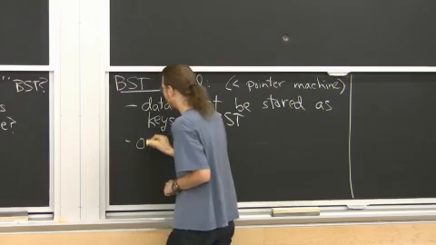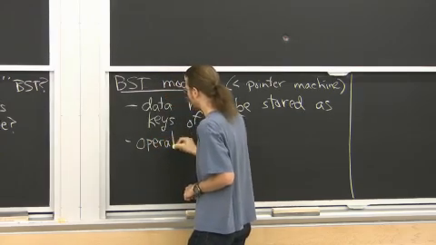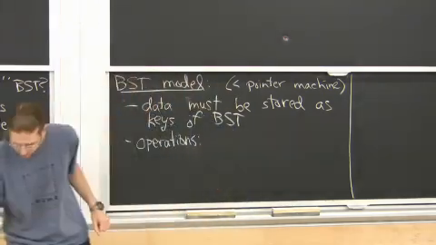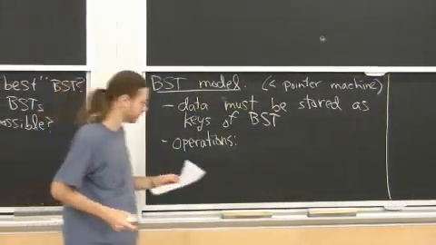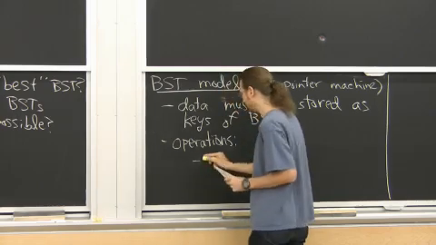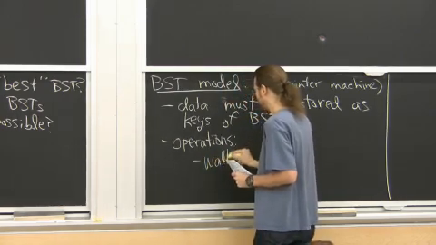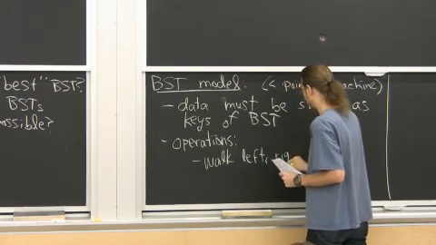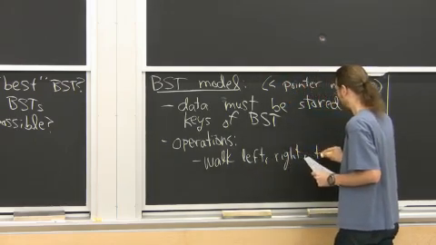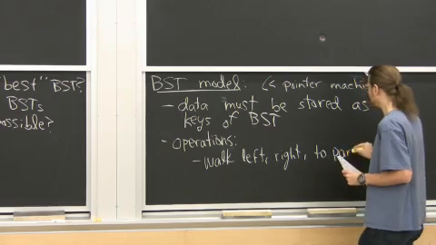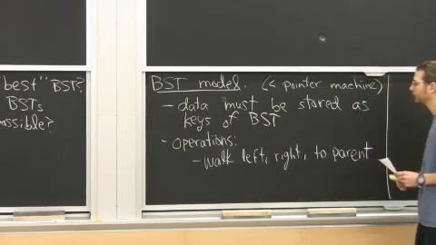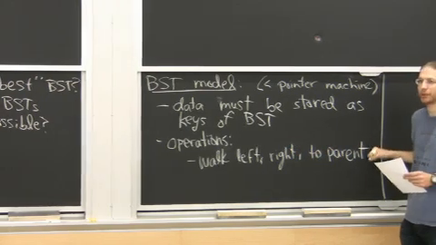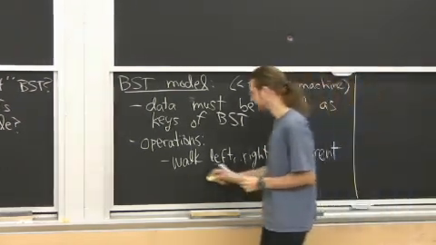And then we allow basic operations. You can follow pointers, and we're going to assume our BST has left child pointers, right child pointers, and parent pointers. You can do each of these in constant time.